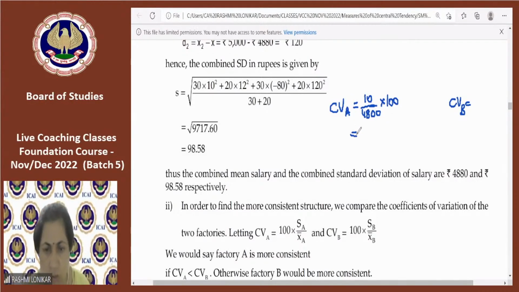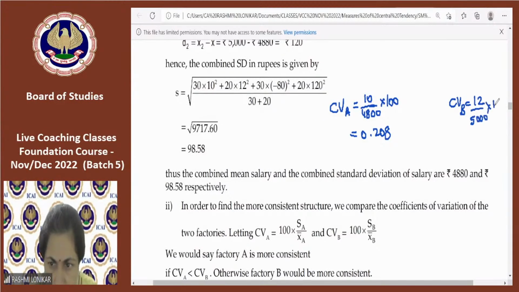So this is 0.208, and for B it is 12 upon 5000 into 100, which is 0.24.